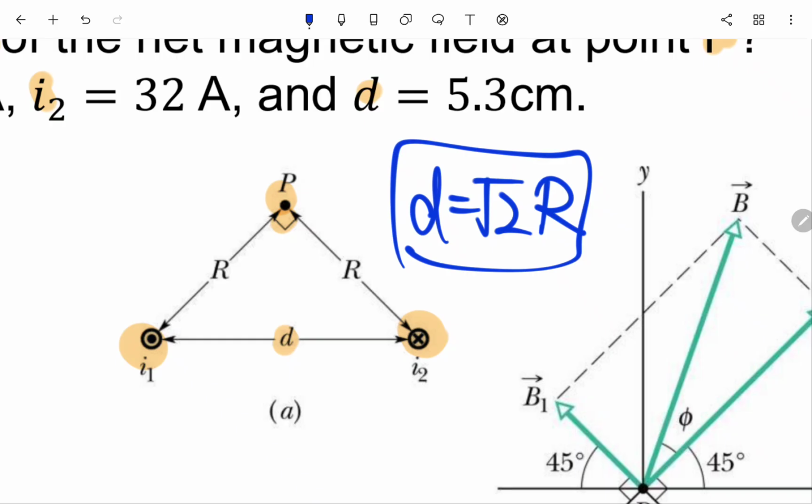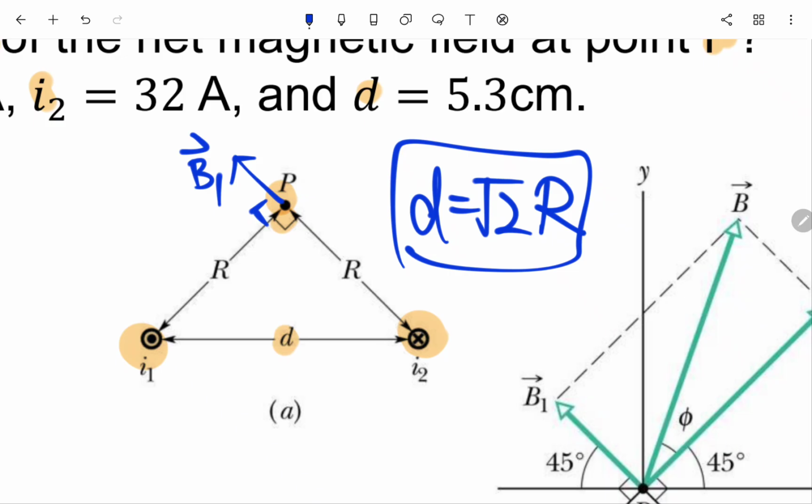For the current I1, which is pointing out of the page, your thumb points out of the page, and then your fingers curl like this. Going to P, it will be pointing to the top left. So you can expect B1 is pointing in this direction, actually perpendicular to it.